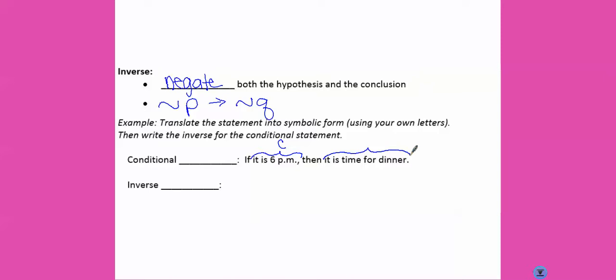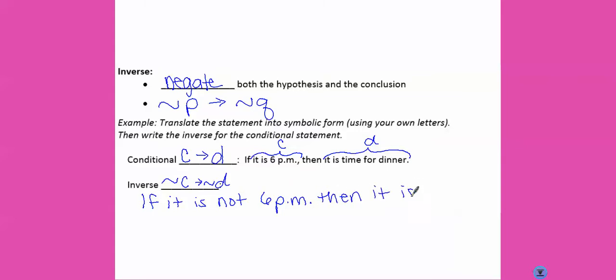That comes after our then, so I'm going to label that letter D. So for conditional, it would be C, then D. Inverse would then be not C, then not D. So if it is not 6 p.m., then it is not time for dinner.